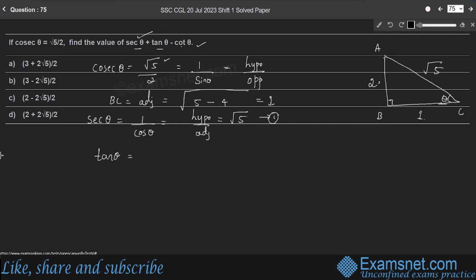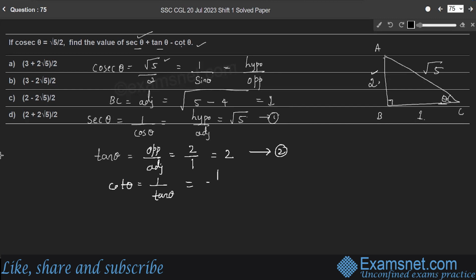So this will be convenient for us. Opposite side to theta is 2 and adjacent is 1. Therefore, tan theta is 2. Consider this as 2. Whereas cot is the inverse of tan, so directly you can take it as 1 by 2. Consider this as 3. So substitute 1, 2 and 3 in the given expression.